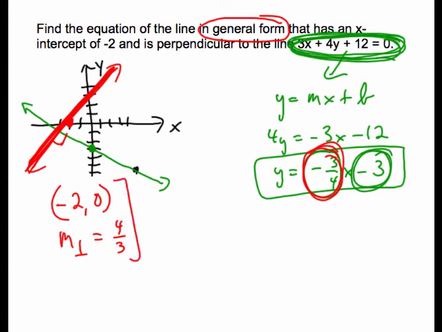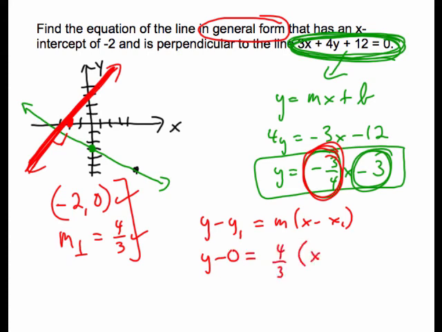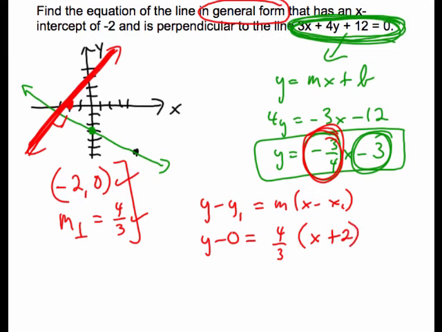And these are our two building blocks for our equation. In this case, a point and a slope. So I'm going to use the point-slope form of a line to build the equation. y minus 0 equals 4/3 times x minus negative 2.